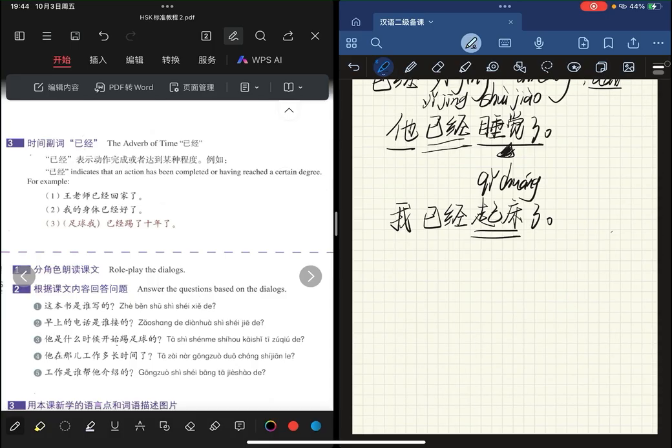If I want to say, we have already started the class. We 我们, have already 已经, started the class 开始, start 开始 have the class.